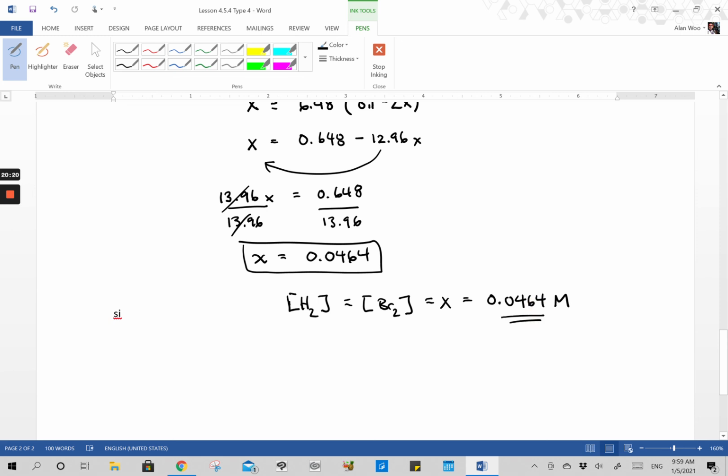Okay, but for HBr, it was equal to 0.1 minus 2x. So we will substitute the x value in here.